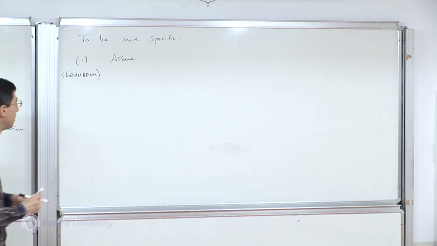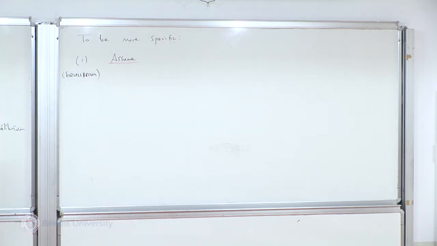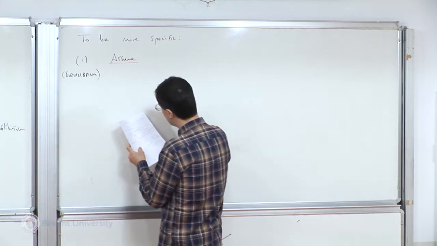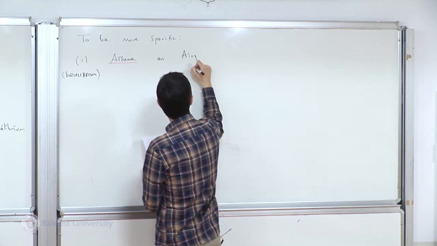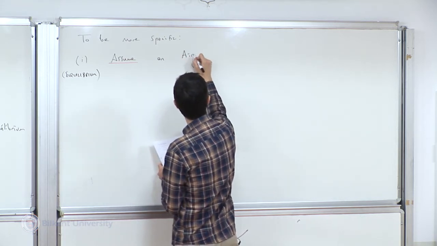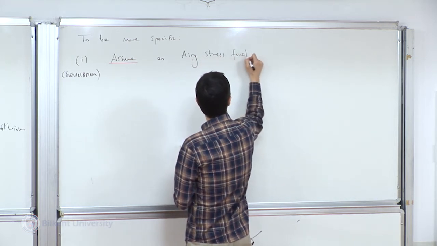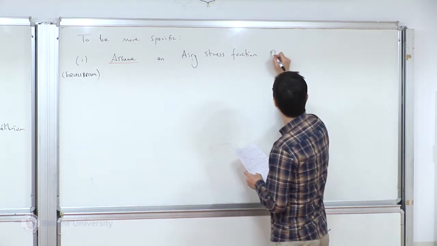Now, this is important. I am, at this stage, just going to write something, and you have to believe that it works, and it does work. So let's say that we assume that there exists an Airy stress function, and I'm going to call this phi.